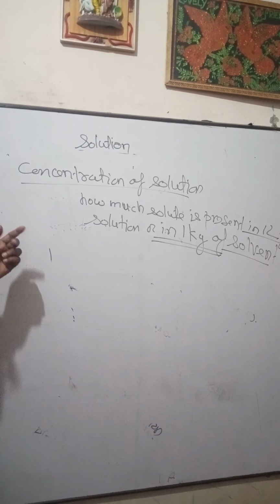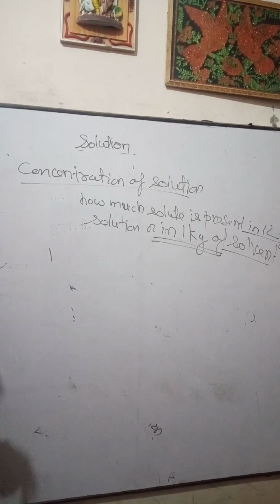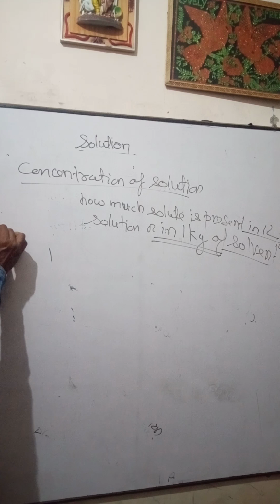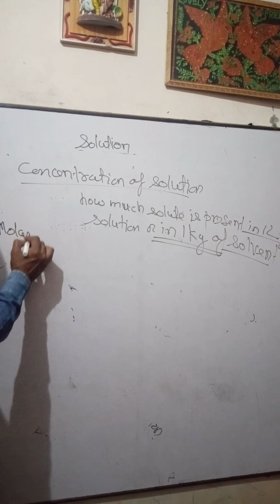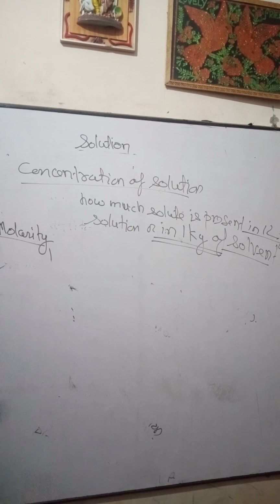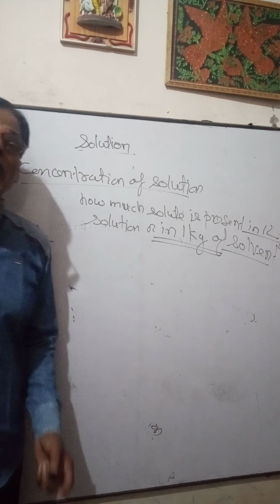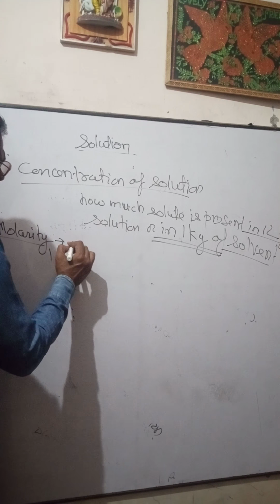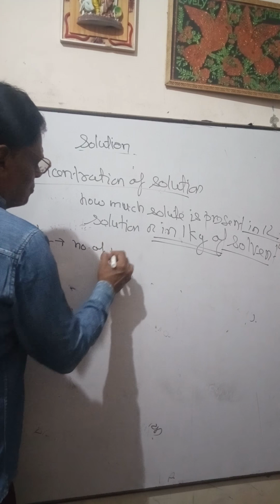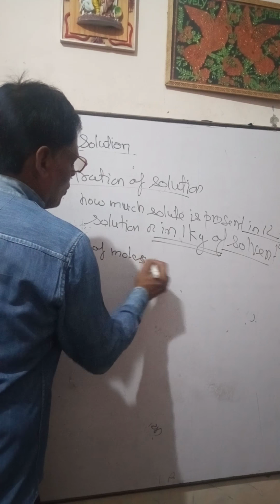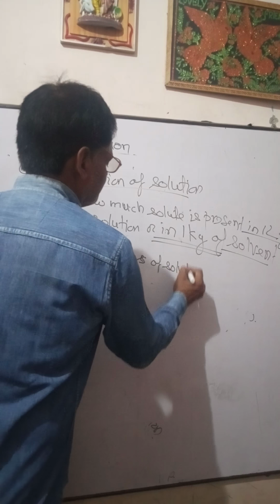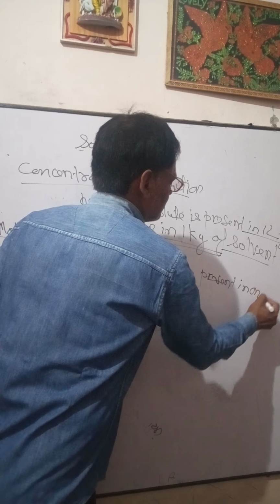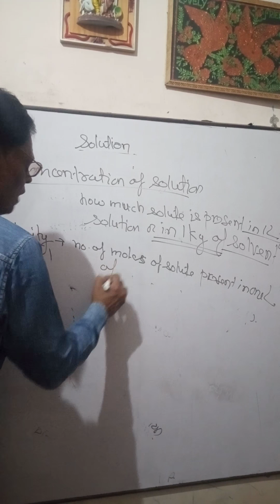In order to measure the concentration of a solution, there are several ideas in chemistry. Now we are going to discuss molarity. Molarity is defined as the number of moles of solute present in 1 liter of solution.